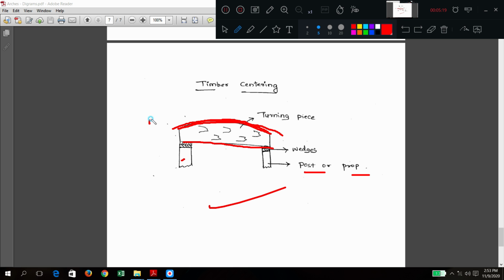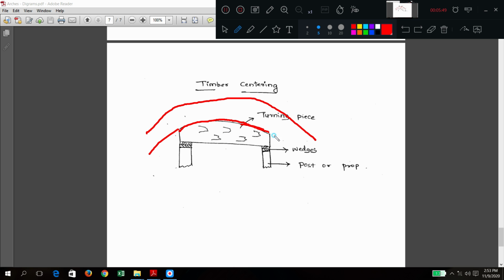So if you are casting an arch, for that intrados, the same turning piece is manufactured first. The turning piece formwork, its outer or top surface is made exactly as the intrados of the arch which is coming.